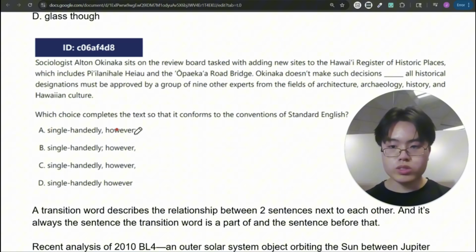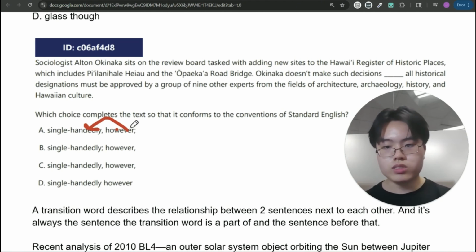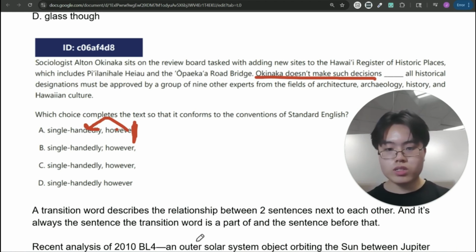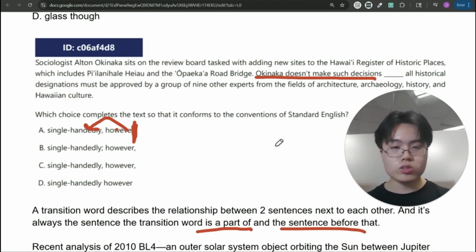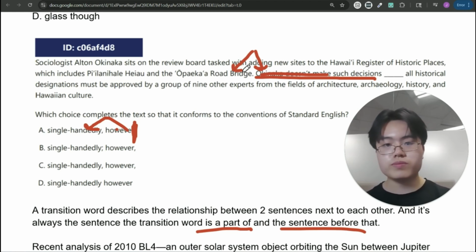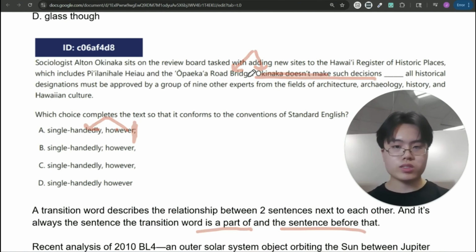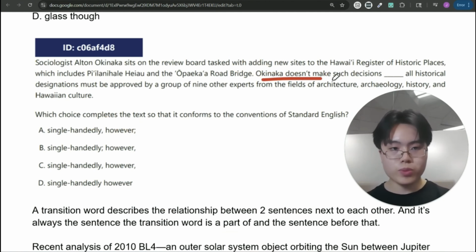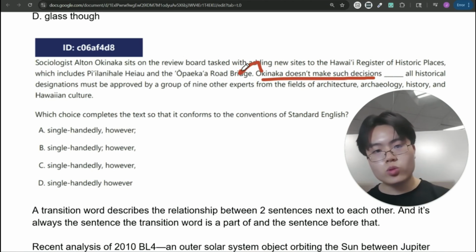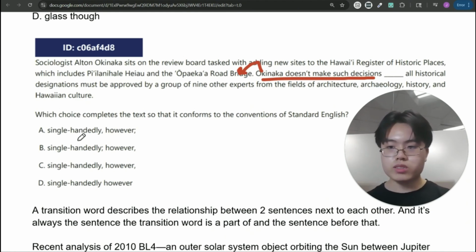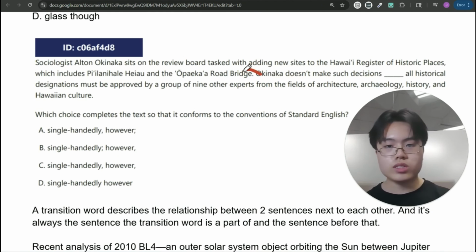It's a part of this middle sentence, because the sentence ends at the semicolon. So it's this sentence and the sentence before that one. Hopefully that's making sense. So that means A is saying these two sentences are contrasting.